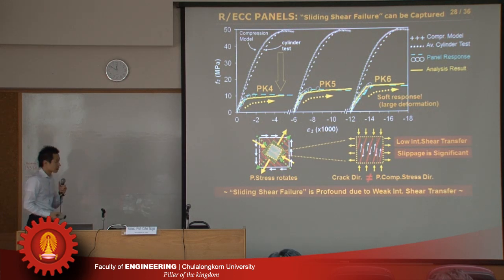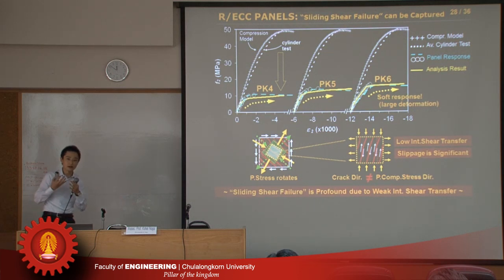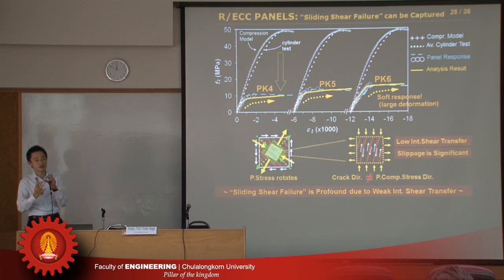And yes, one interesting thing was that when we arrange the reinforcement with different ratios, after the cracking, the anisotropic stress field gives us big sliding of the crack. Shear sliding occurs.